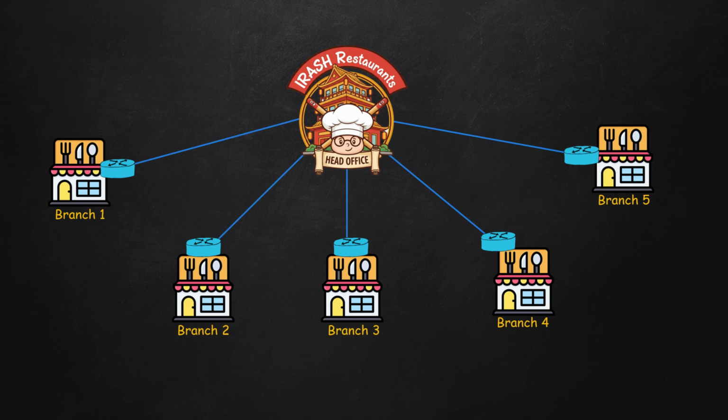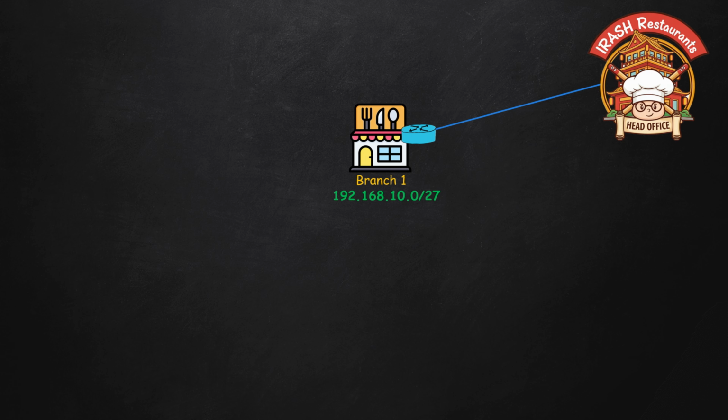Now let's come back to our Irish restaurant group, and here you can see the head office and 5 branch offices. You successfully completed the subnetting, and you have assigned the subnetwork to each branch as a network administrator. When you closely look at one branch, you can see the subnetwork provided is 192.168.10.0/27.